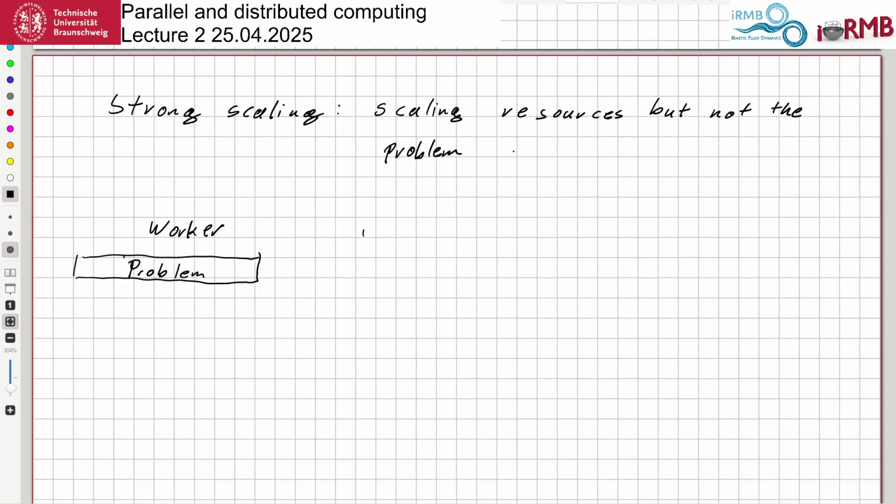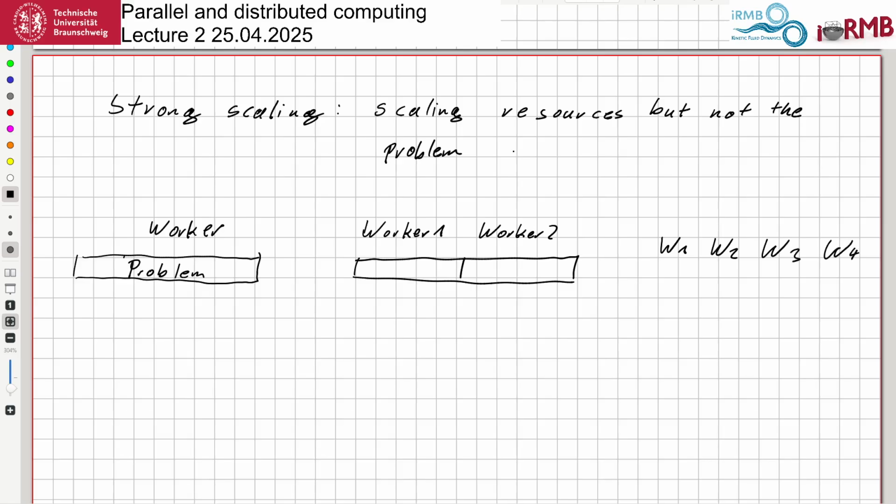Now say we have worker 1 and worker 2. You split this up, and, okay, I estimate it, but the problem stays the same size. And say you have worker 1, worker 2, worker 3, worker 4. You split things, it's just an estimation, I think it's not exactly the same size that I draw, but you split up the work more and more.